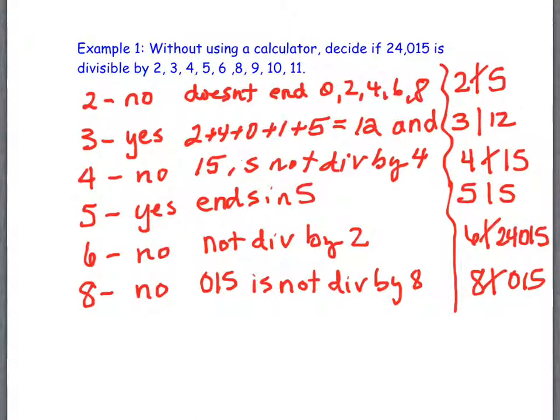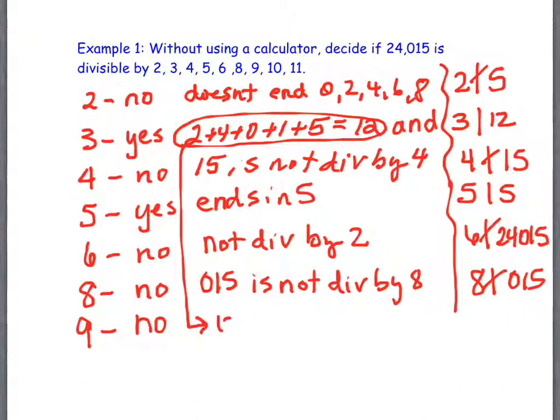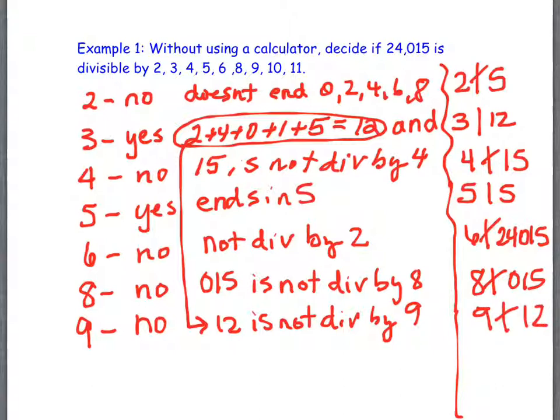How about 9? Carrie, you said no. How come? Because 12 is not divisible by 3. Yeah, this same value right here that we did for 3 gave us a 12 down here, and it is not divisible by 9. Divisible by 3, but not by 9. So 9 does not divide that 12.